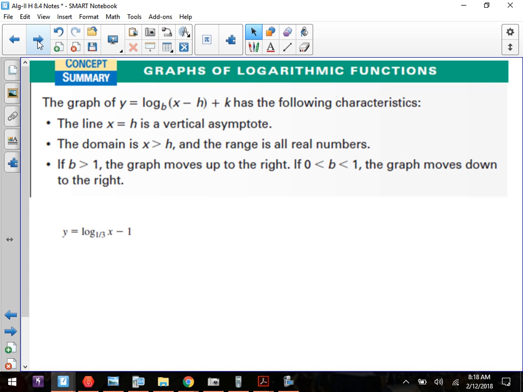If your base is greater than 1, it's going to go up and right. If the base is between 0 and 1, it goes down and right.